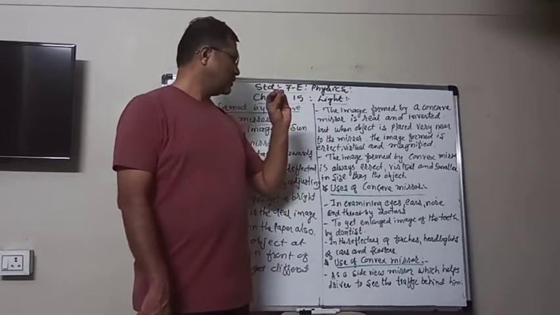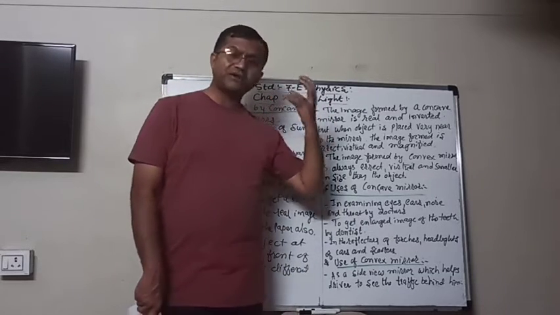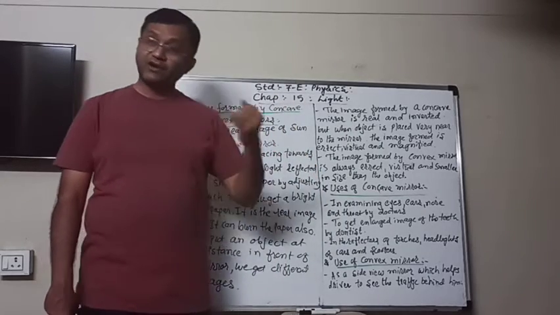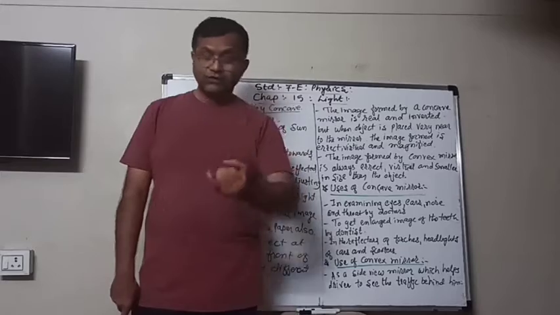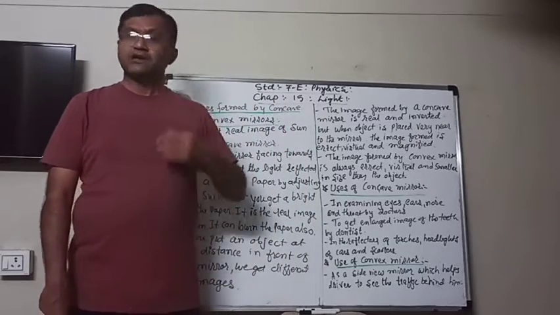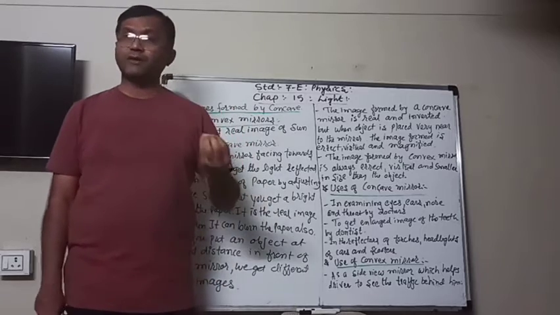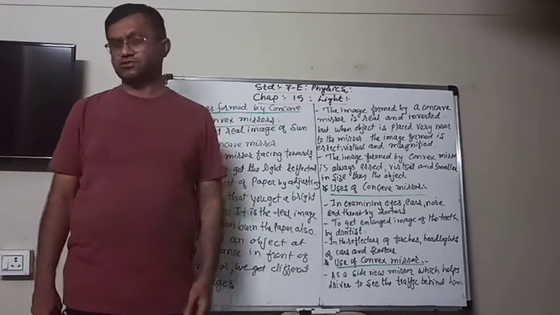With the concave mirror you can get different types of images: real also, virtual also, smaller also, bigger also, or of the same size as the object also.